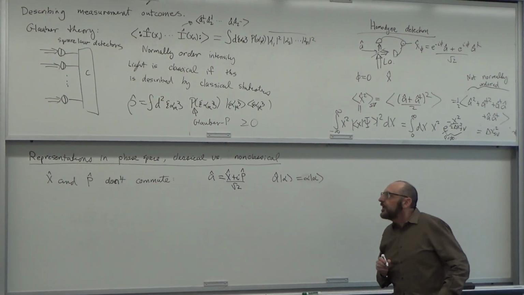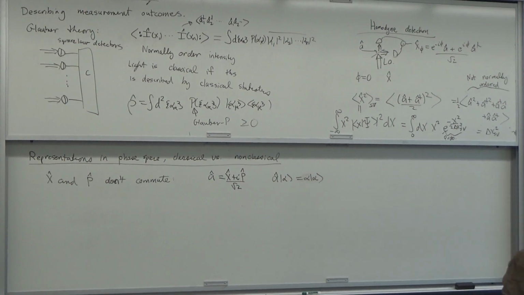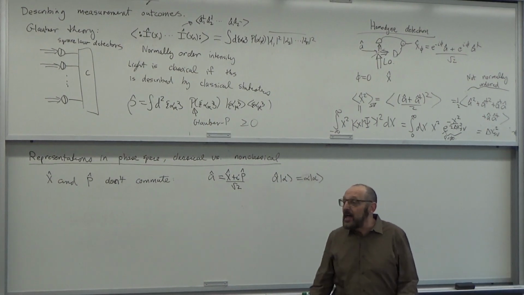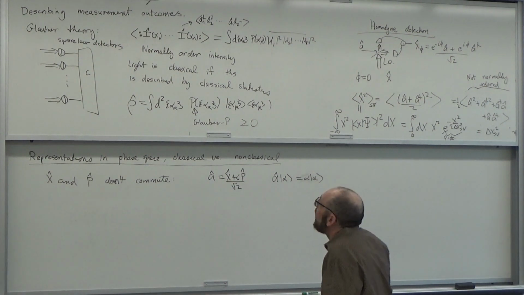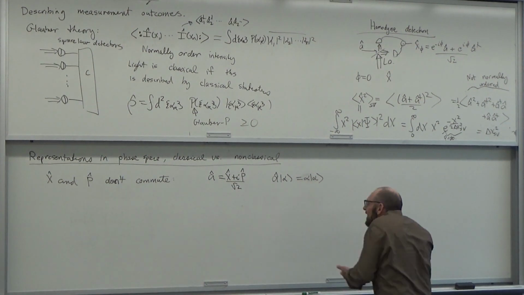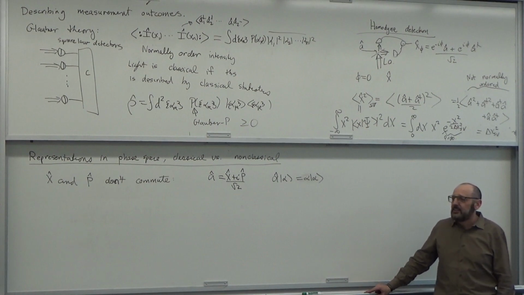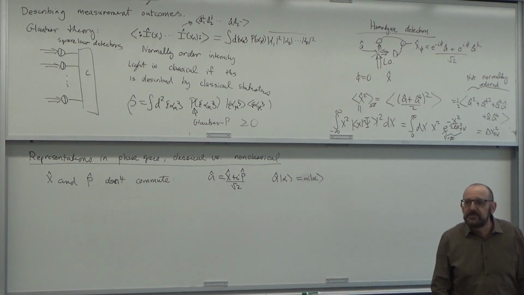Now, coherent states are not eigenstates of a Hermitian observable, so they don't have the normal kind of completeness and orthonormality. In addition, this is in infinite dimensions, and there's all kinds of crazy things that can happen in infinite dimensional Hilbert spaces.